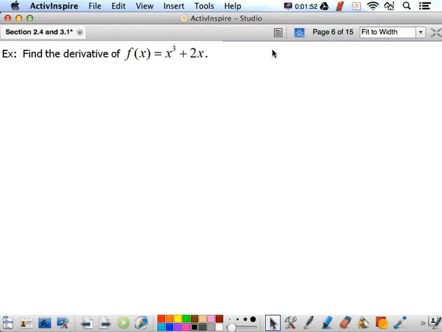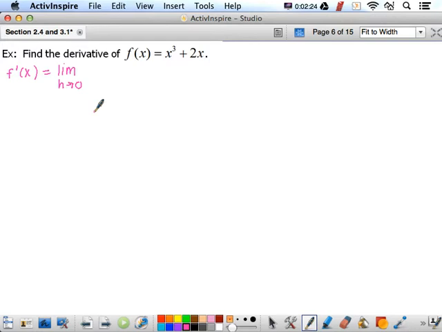Let's find the derivative of f of x equals x cubed plus 2x. This is a little more complicated because it's to the third power. But what's nice is we're only being asked to find the general derivative, not the slope of a tangent line or to plug anything in. So when we finish this, unless it is a line, it should still have x's in your final answer. Let's start with our formula. f prime of x must equal the limit as h approaches 0.